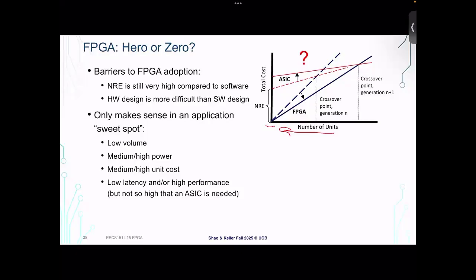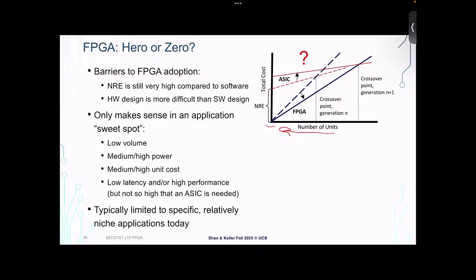You have to buy a new FPGA every time you want to ship something. Your application needs to require low latency or high performance, but not super low latency or super high performance, because then that's out of bounds for the FPGA and you need to go build an ASIC instead. So you can see how this rules out many use cases. And so it's typically limited to relatively specific applications today.